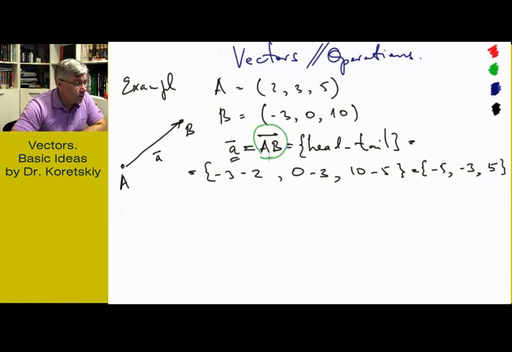We can use the letters which identify the given points A and B, and put them in order, the first one according to the tail and head location.